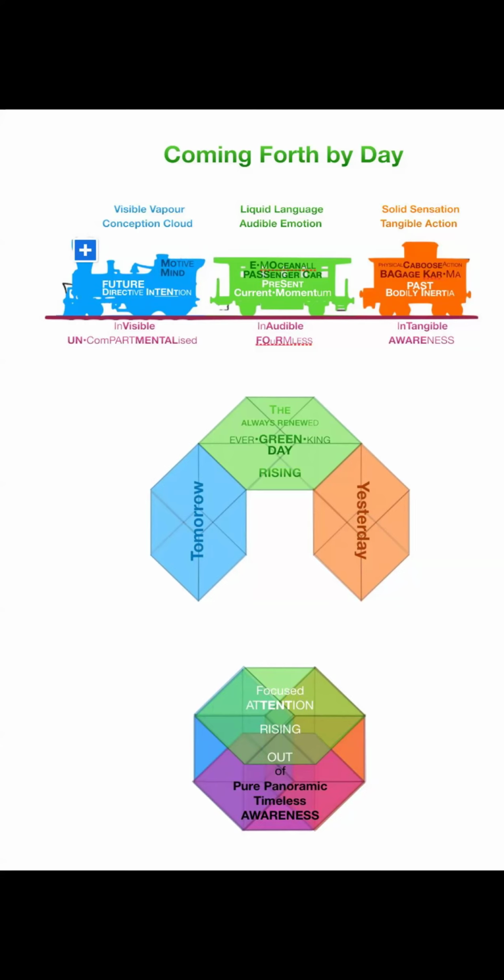But the first element is the element of smell, which relates to the first chakra. Why? Because the first chakra exists in that realm. It's as close as possible to the zero point field as an individuating being can experience.